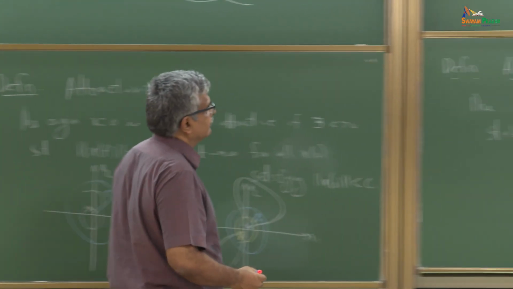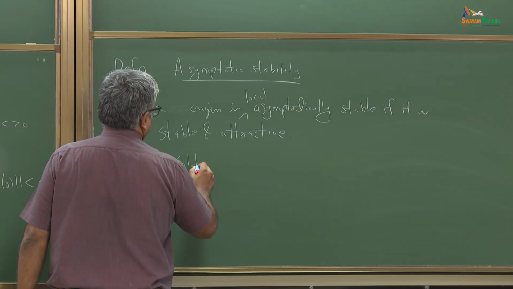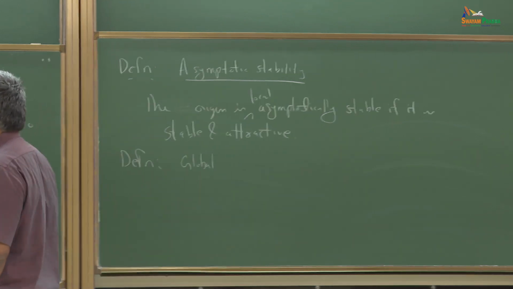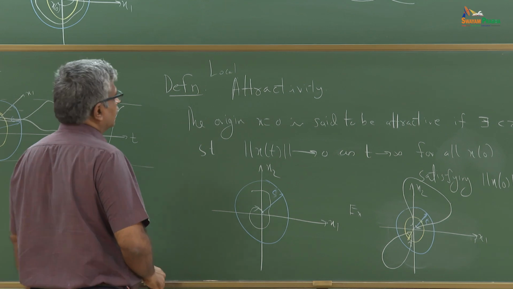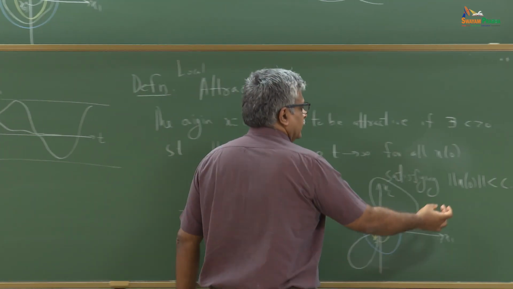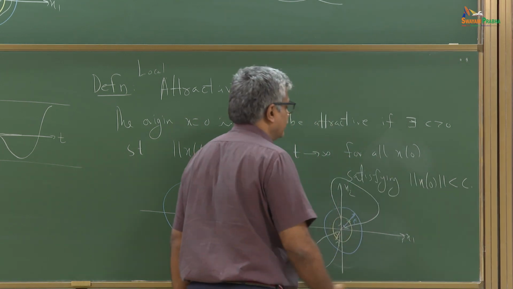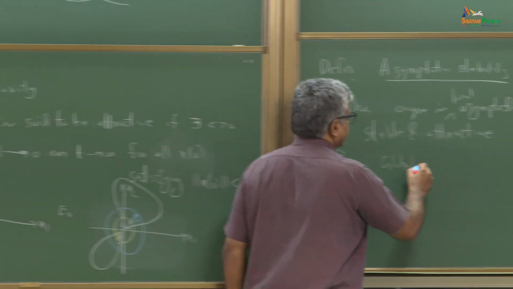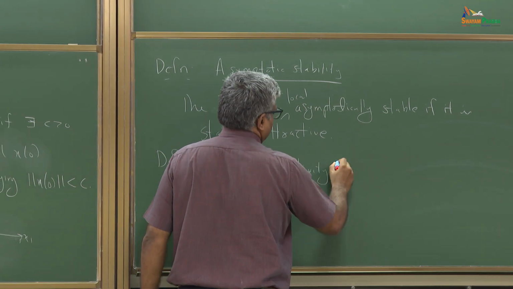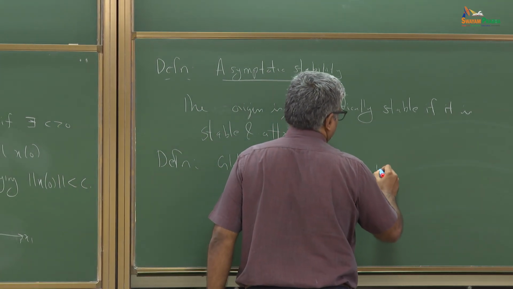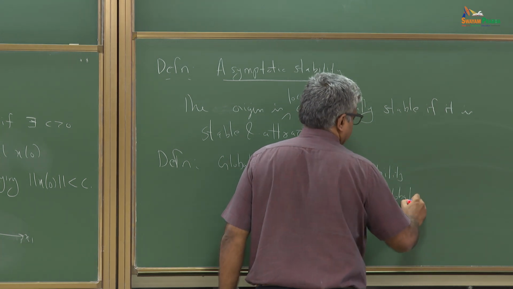So maybe I will define it. This is local attractivity, and then you can define global attractivity, where this is not restricted to c, it is for any initial condition in Rn. So global attractivity plus stability gives global asymptotic stability.